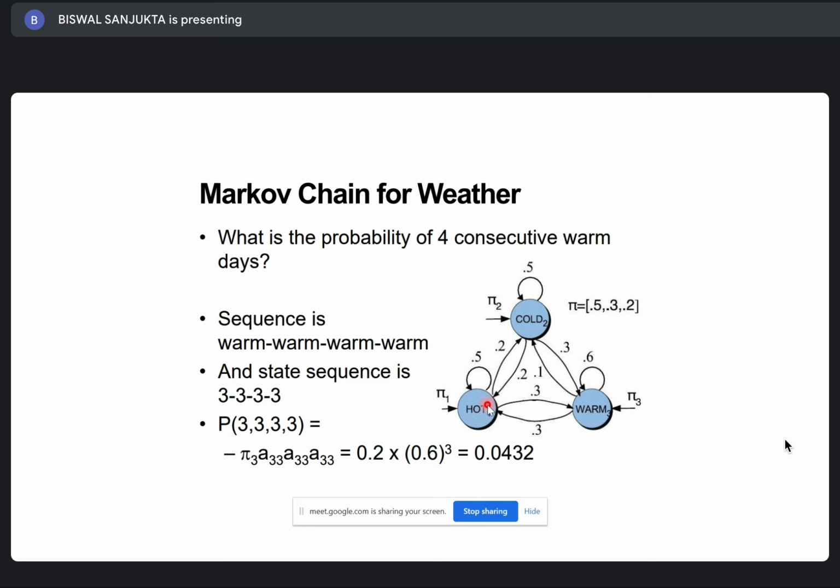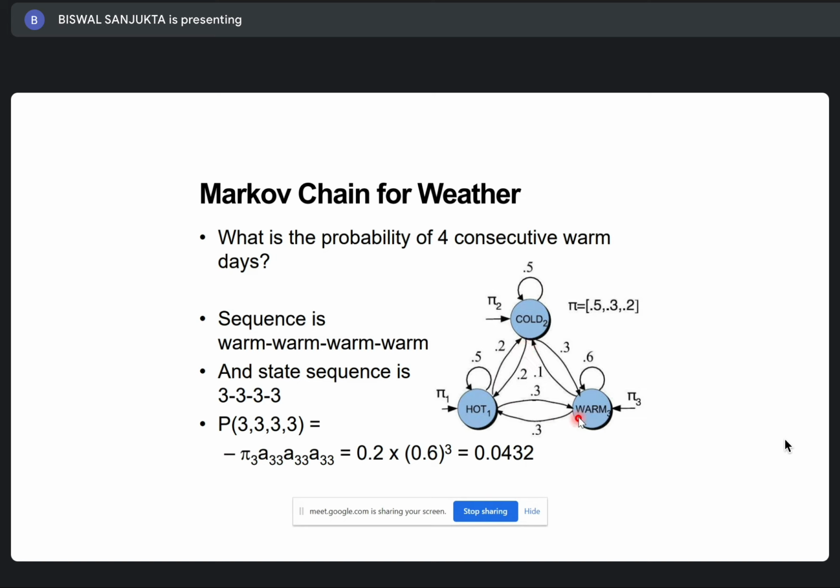And if I want to know the probability that one day is hot and the next day is cold, if you see the arrow mark, it is going from hot to cold, and it says 0.2. In a similar fashion, if you want to know the probability that a day is cold and the next day would be hot, it will be 0.2.